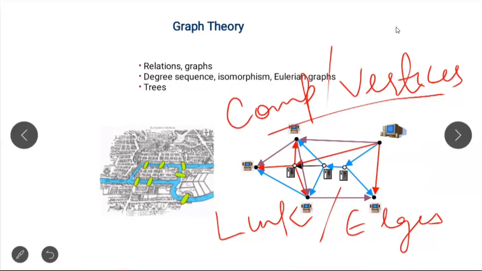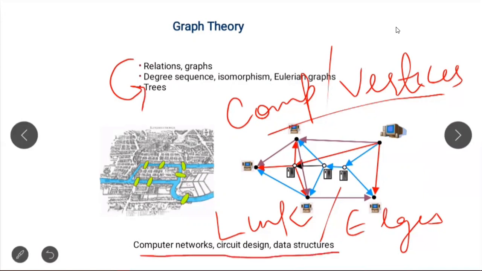Similarly, we have trees. Trees are a subpart of graphs. So graph theory is used in these topics: computer networks, circuit designs, data structures. If you notice, data structures is frequently appearing in our subject. So data structures and discrete mathematics are quite connected, even with respect to a few of the topics.